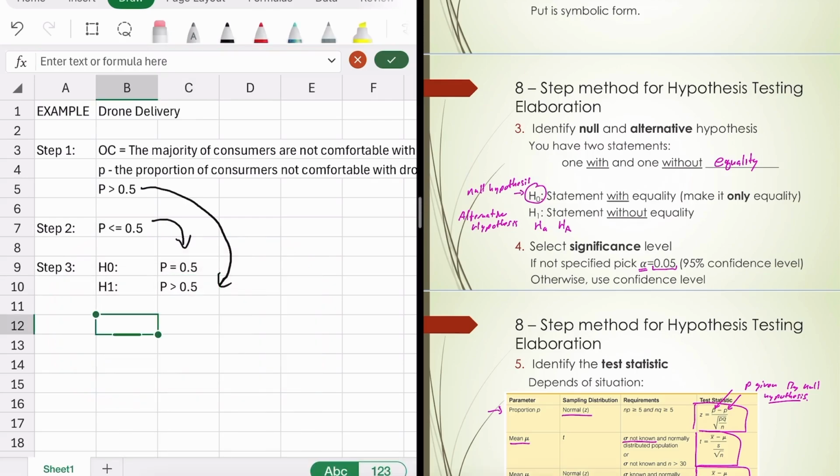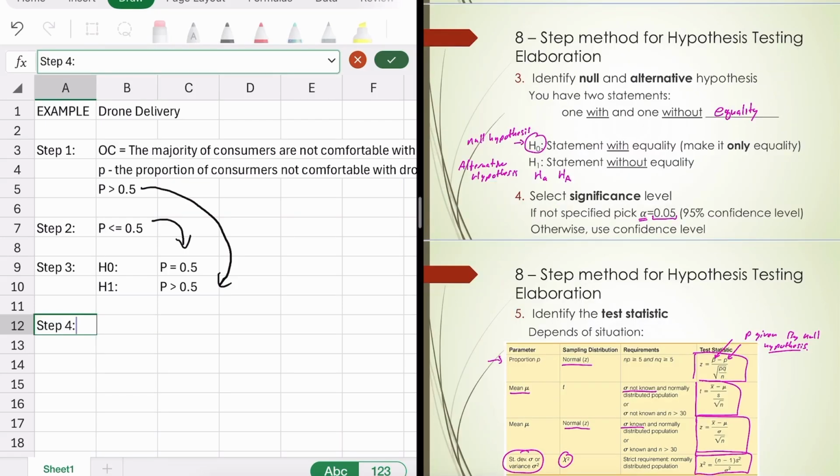So there's my null hypothesis, which I take from my original claim or the negation, whichever has equality. The other one goes into the alternative hypothesis. So the original claim could be in either the null or the alternative hypothesis. Step 4 is to select significance level.